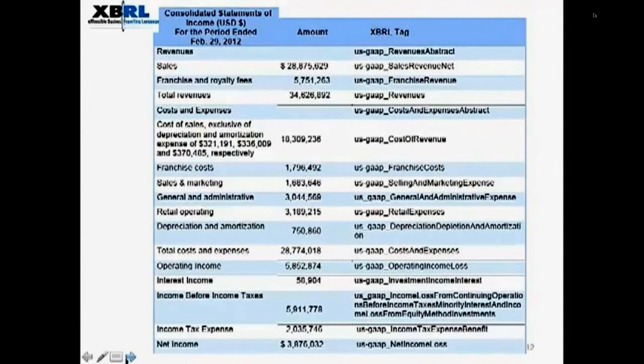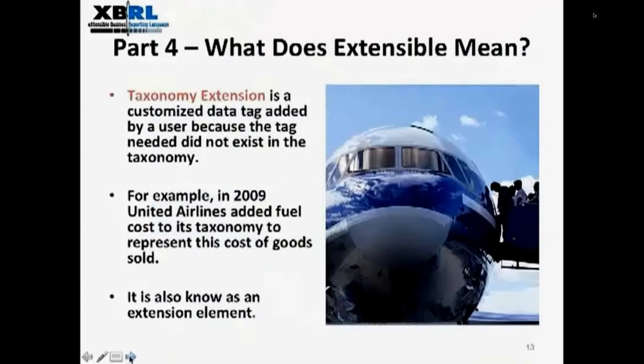And then the second line, sales, has an amount in US dollars, almost $29 million. And then there's that XBRL tag that's used to relate the XBRL to the financial statement name and amount.